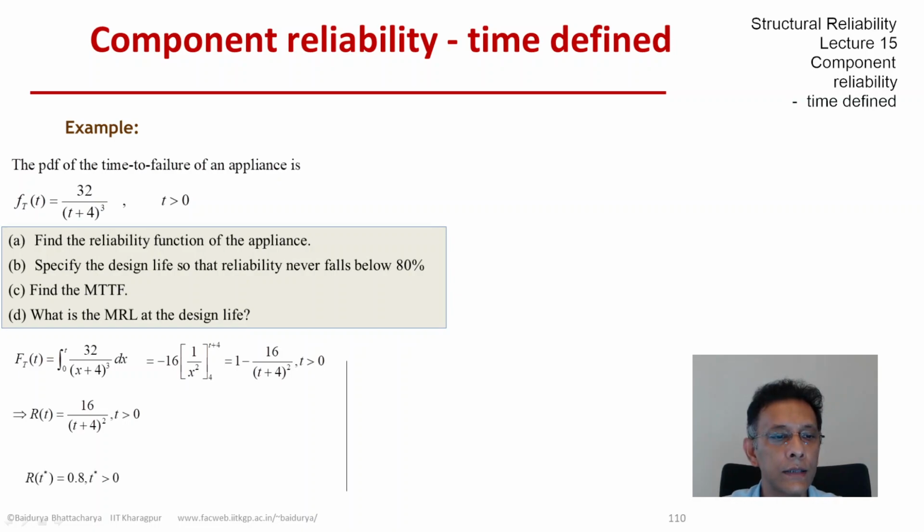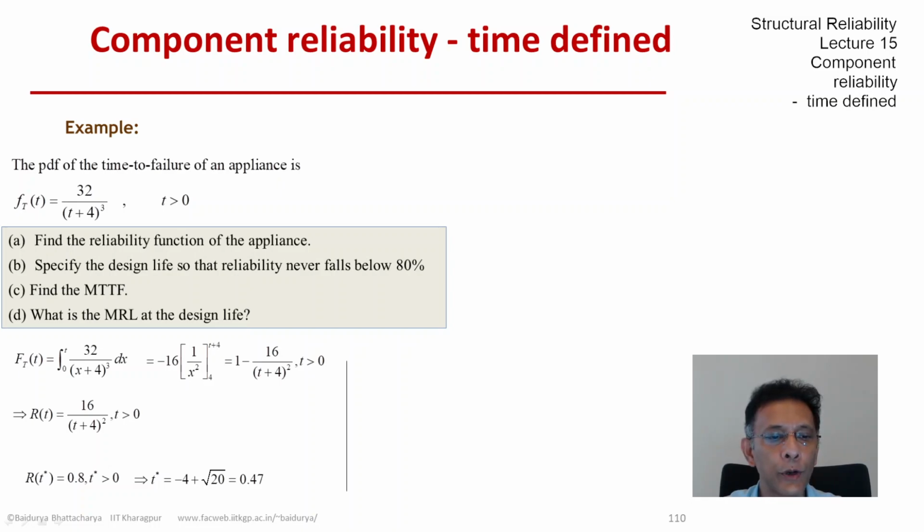The design life, as we did in the previous problem, is that point in time at which the reliability equals 0.8. So we need to solve for t star, and the answer is about 0.47. That's the only feasible solution from that quadratic equation.